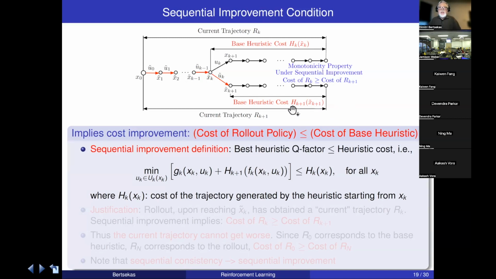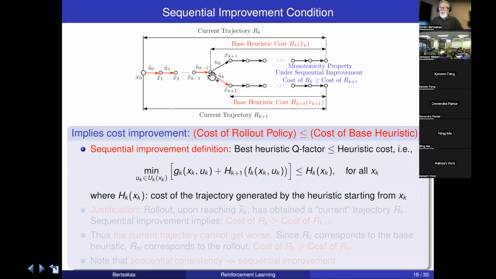So to understand this, let's look at this figure here. In rollout, we generate a sequence of states and controls. Let's say that we have reached the state xk. Let's interpret the sequential improvement condition. At xk, you can run the base heuristic and you have calculated this cost.